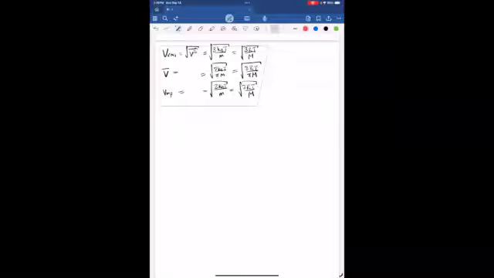Also, you should know that these speeds for a typical gas, at room temperature, are going to be in the tens to hundreds to thousands of meters per second. So if you're getting that the speeds are 10 to the minus 10 meters per second, you've done something wrong. Or 10 to the 10 meters per second, also wrong.